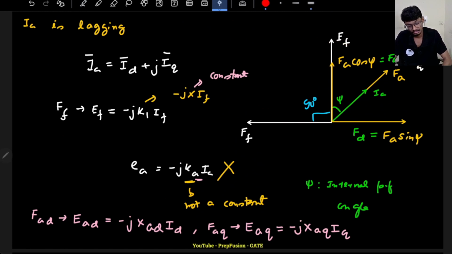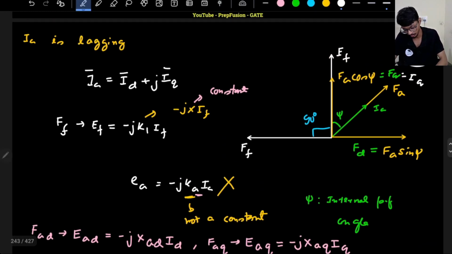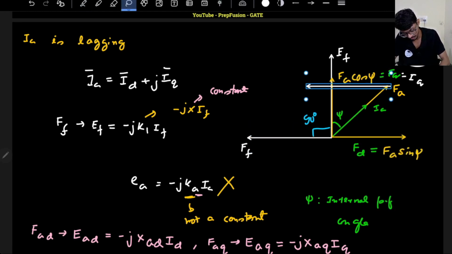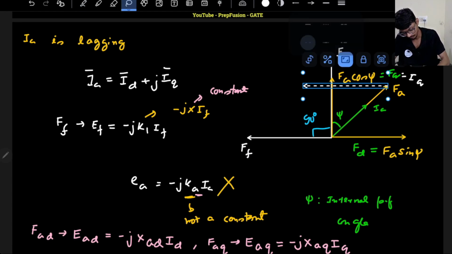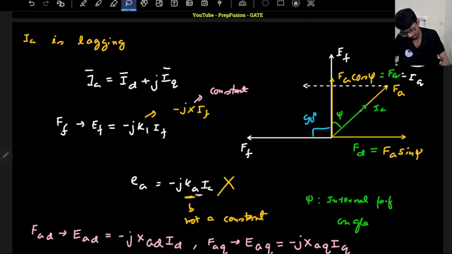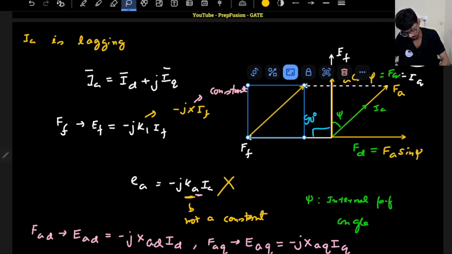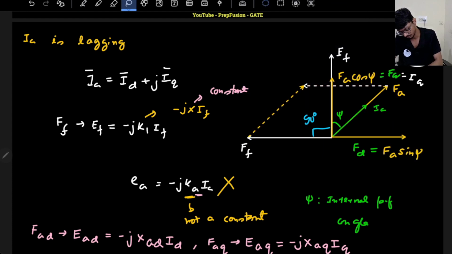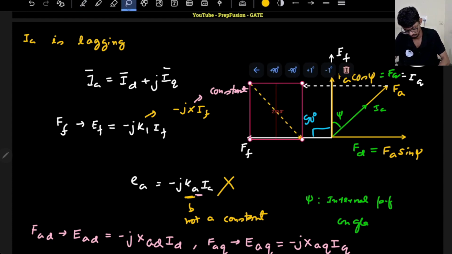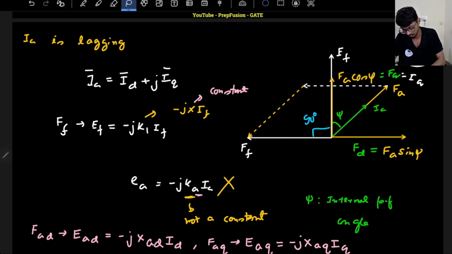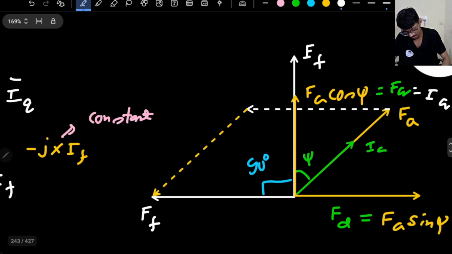So in this case, this is correct. By adding these two vectors, I will get a resultant MMF. So if I add these two vectors, what will be the resultant?